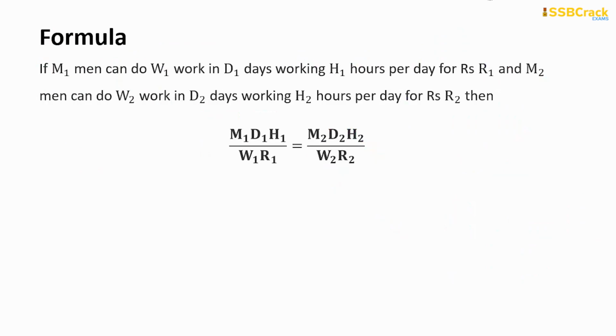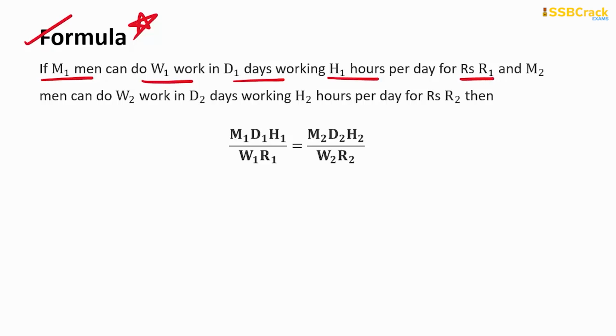So this is the next formula, and it is a very important formula because most of the times you can directly get a lot of questions based upon this formula, right? So in this formula, if M1 men can do W1 work in D1 days, working H1 hours per day for rupees R1, right?